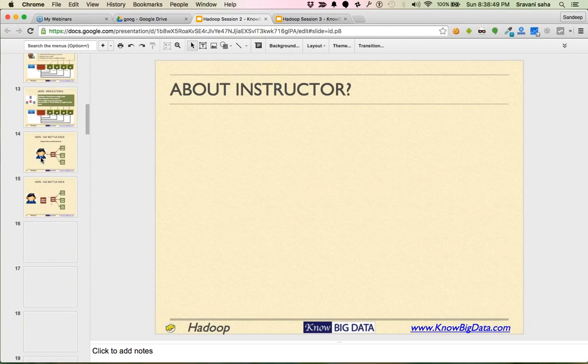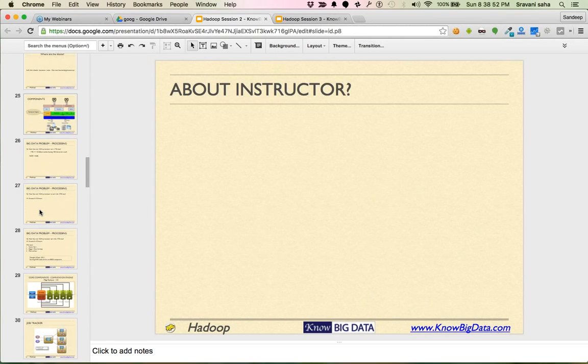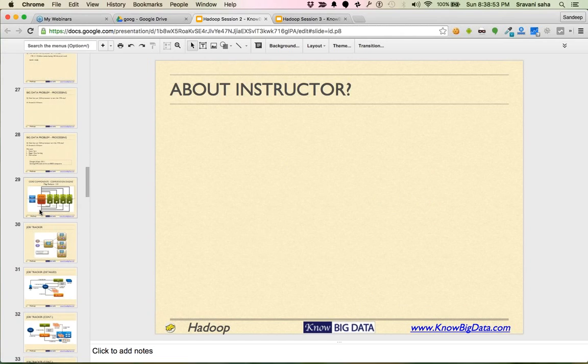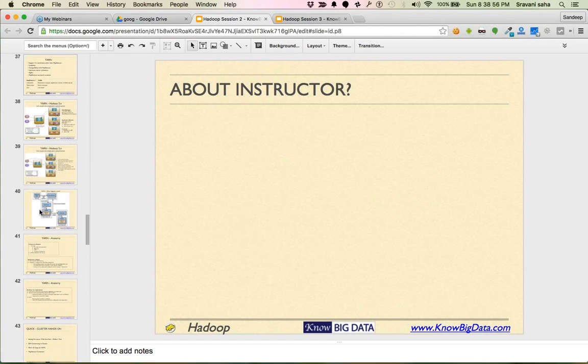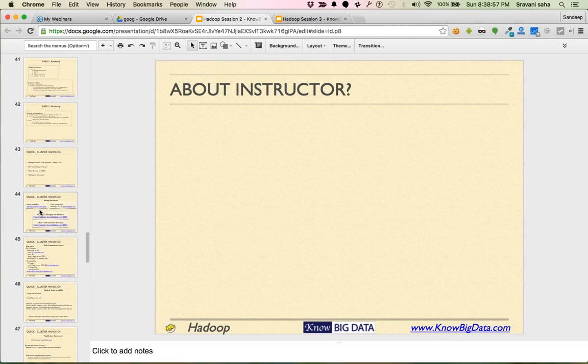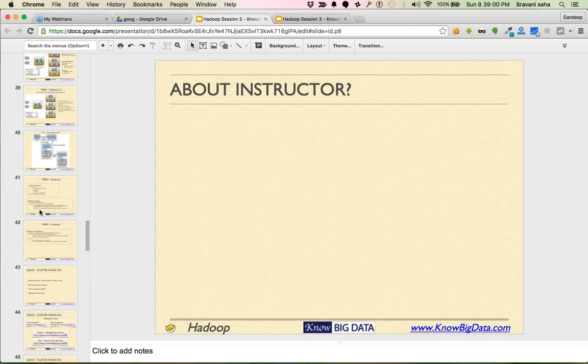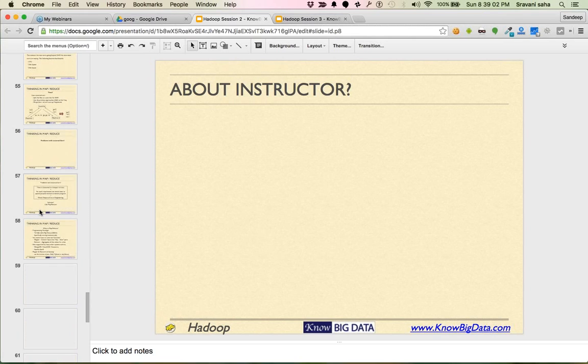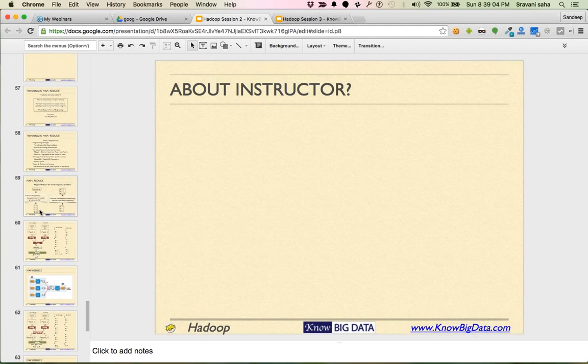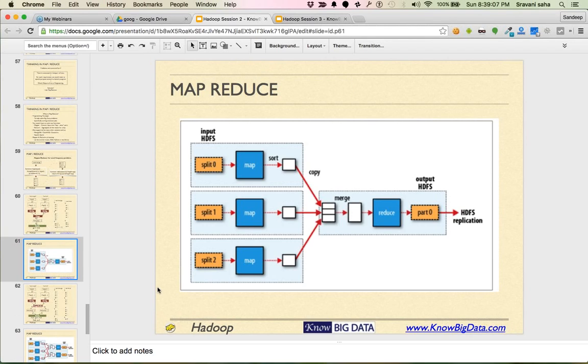All right, where was the session number 2 audio? Not audio, I'm looking for a nice diagram. We had discussed it. Yeah, here it is.